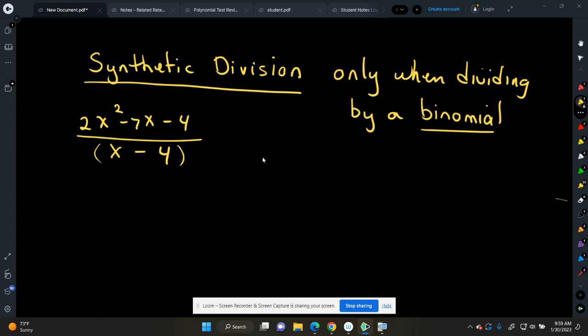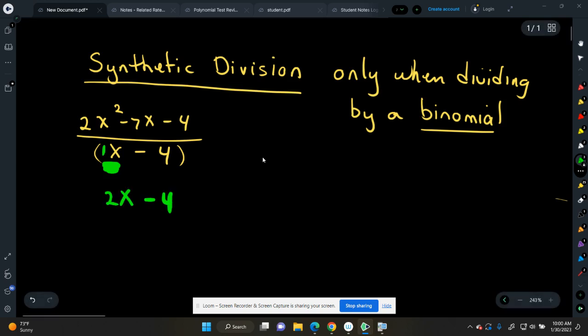Synthetic division will only work when you're dividing by a binomial. The other thing that we have to make sure of is that this x here has a 1 in front of it. Like if that was 2x minus 4, we couldn't do it. It has to just be 1x. That's the only time we can use synthetic division, okay?